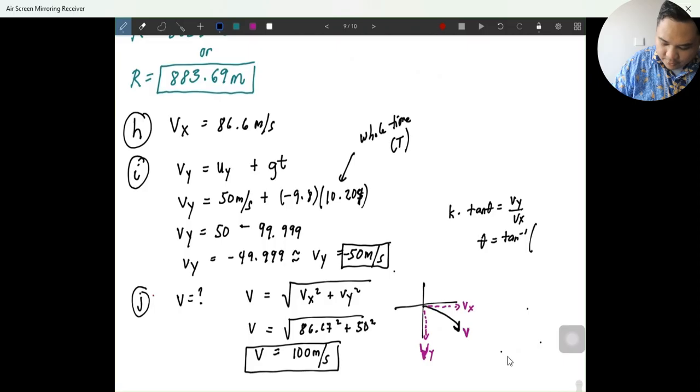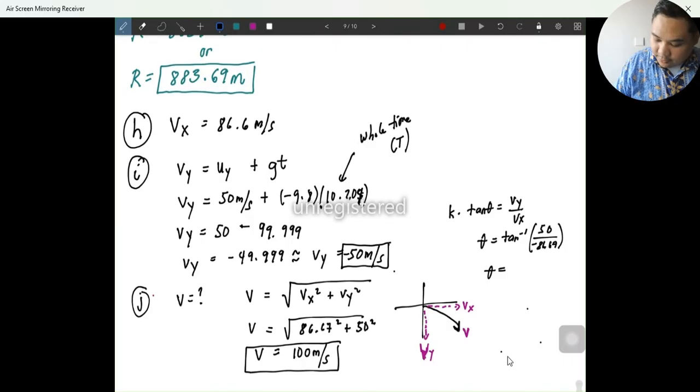and therefore we're gonna derive that with the arctan of Vy, which is 50 over 86.67. It's negative. So our angle here would be the arctan of, let me just compute it again, 50 divided by 86.69.